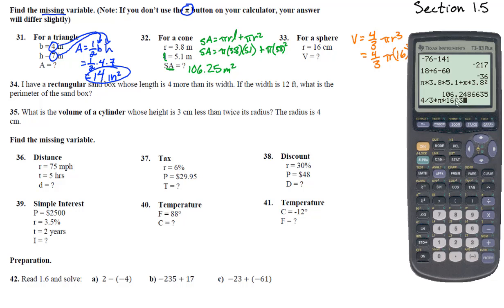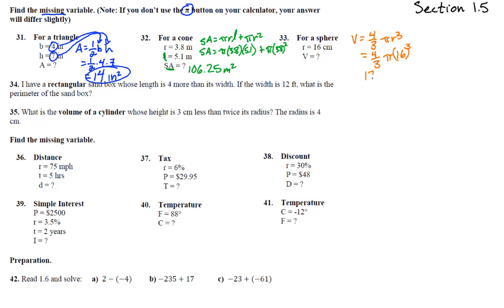So that little caret, it does an exponent button for us. And we get 17,157.3, and that will be in centimeters, but now it's a volume, which is a three-dimensional object, so we measure it in cubic centimeters. Good.